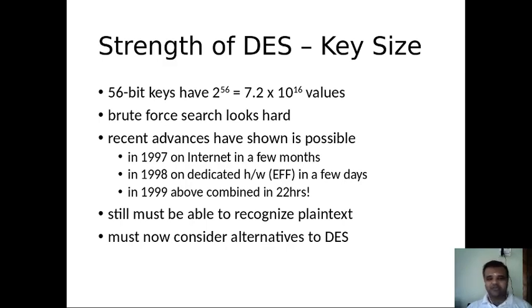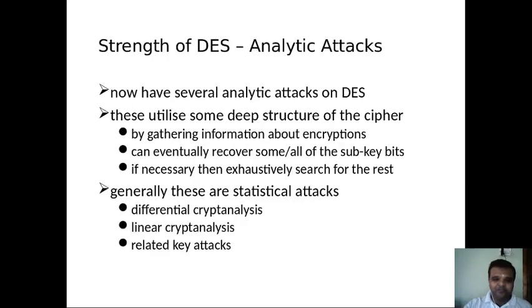You see how complex the algorithm is and how significant the strength it gives you, but still, in 1999 it was shown that within 22 hours you can break the Data Encryption Algorithm, which led to the development of the Advanced Encryption Standard. So from 2001 onwards, almost every standard practice uses the Advanced Encryption Standard as the industry standard deployed encryption algorithm. It is very similar to the Data Encryption Standard, so a proper understanding of the Data Encryption Standard will help you as well.